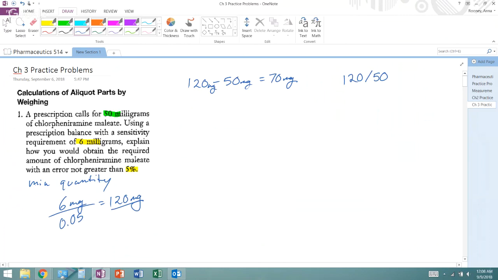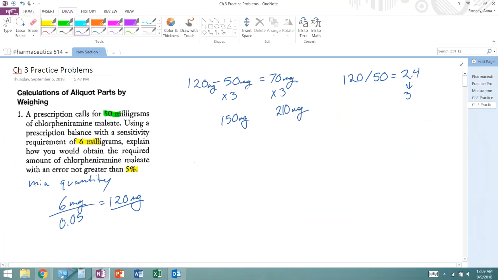So 120 divided by 50, I have my calculator off screen. That is 2.4. Well, this isn't like a nice round number, so we're going to round it up to 3 just to make that all nice. So we're going to multiply both of these, and they're going to have the same ratio then. And so we get this to 150 milligrams, and then this will be 210 milligrams.